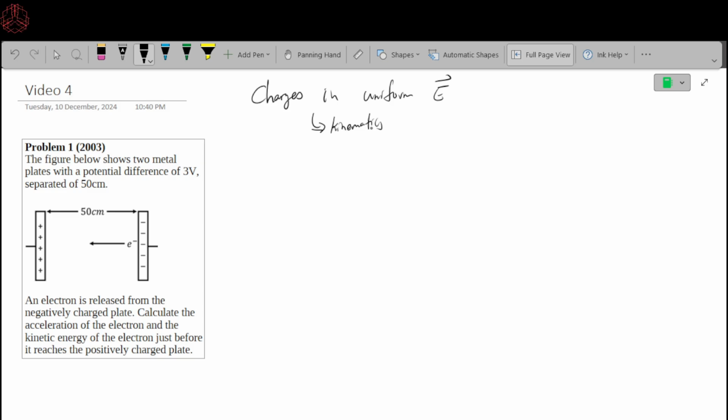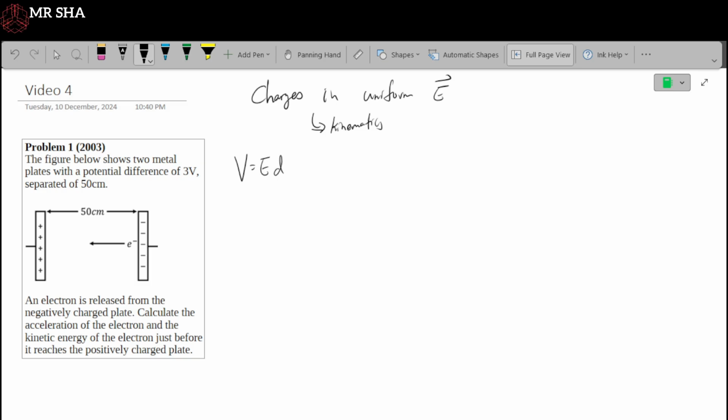Okay, so let's look at problem 1. The figure below shows two metal plates with a potential difference of 3 volts, so there's 3 volts between them, separated by 50 centimeters. If you were to find the electric field between them, you will simply calculate it by having V equals to ED.